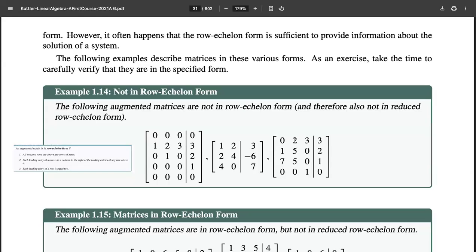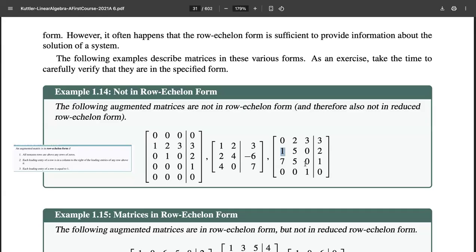Remember when I said visually, when we look at the leading entries, when we go from the top row to the bottom row, they have to go from left to right. But in this case, it's the opposite. So it's not satisfying condition 2. So again, the third matrix is not in row echelon form.